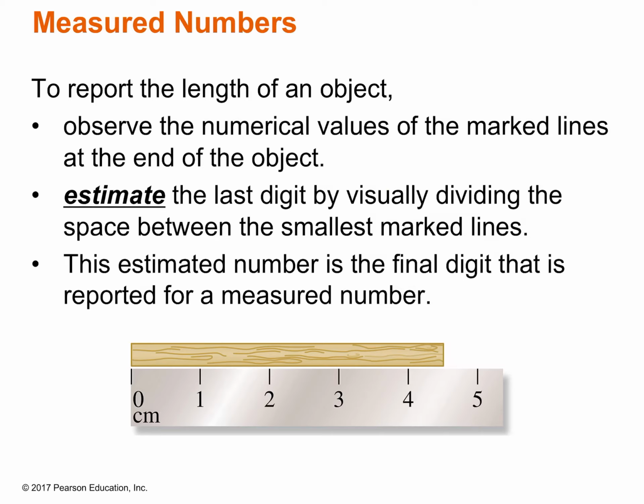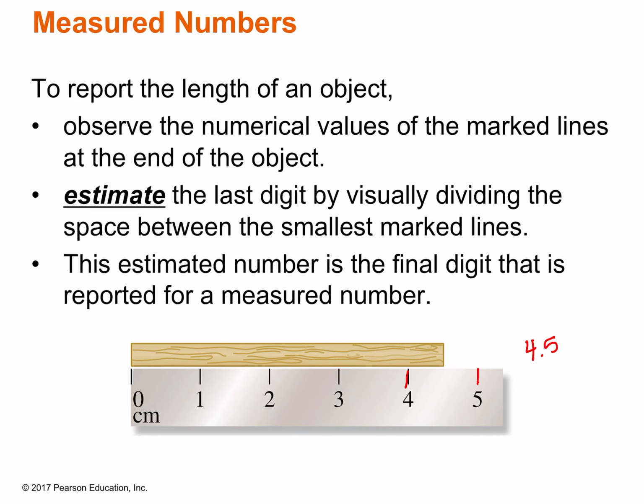We're going to estimate 1 digit past what we have a line for. We have a line for 4, we have a line for 5, so we're going to estimate it's going to be 4 point something. And that something is going to be different based on how people see it. Most people on this one are going to guess 4.5 because it looks about halfway between the 4 and the 5.